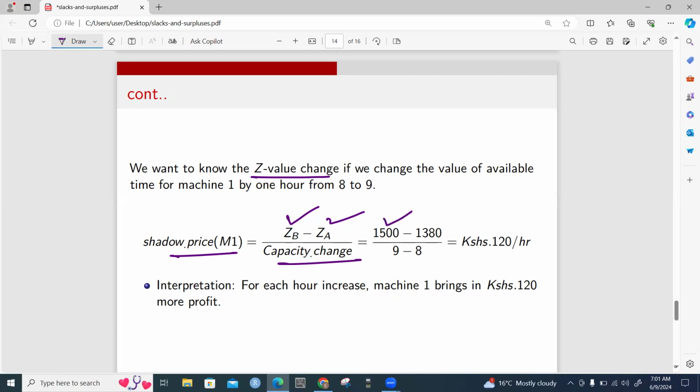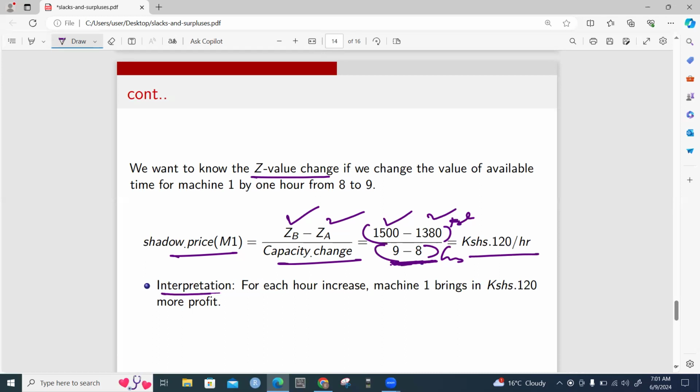So the new optimal solution is 1,500. The original one was 1,380. And we have changed the right-hand side of the machine 1 constraint from 8 to 9. So that difference is 1. Remember, the denominator is in hours, the numerator is in shillings. So we get this quotient in shillings per hour, and we are getting 120 shillings per hour.